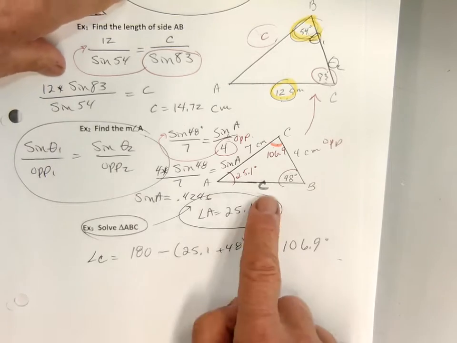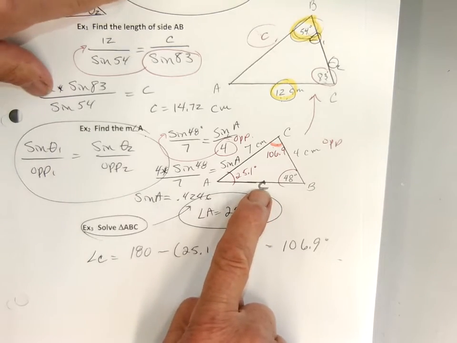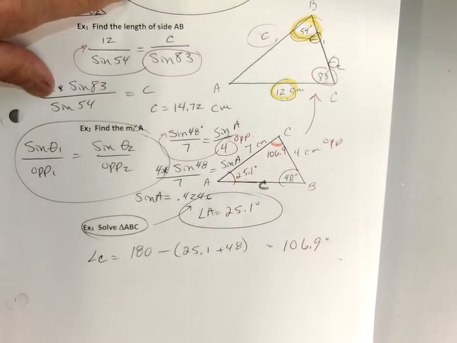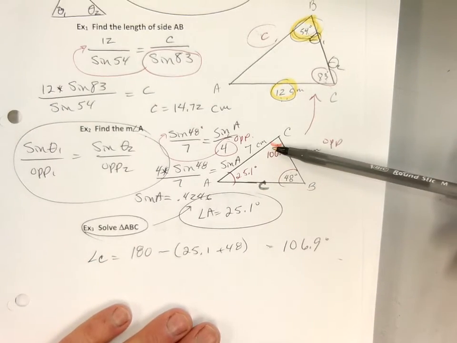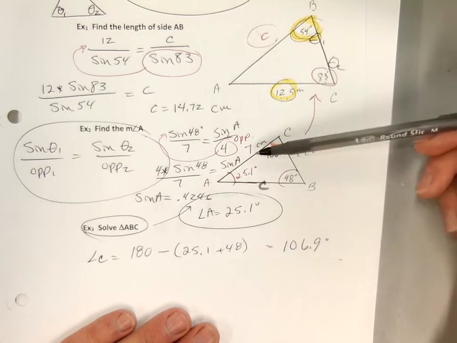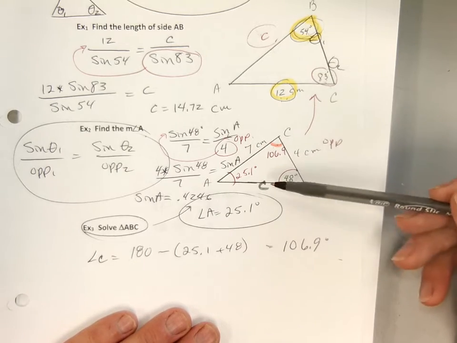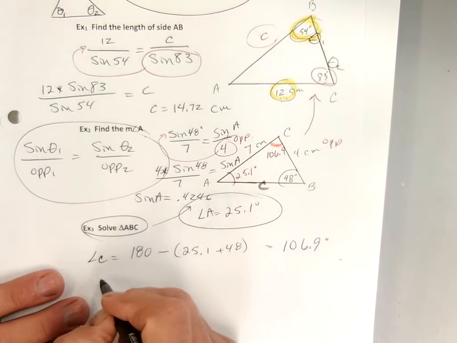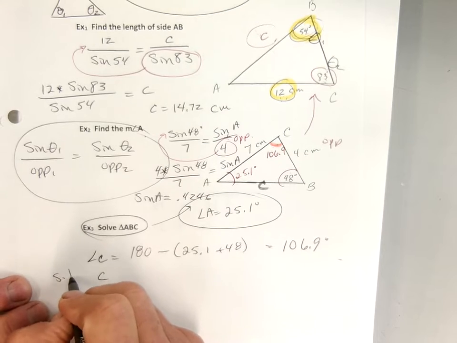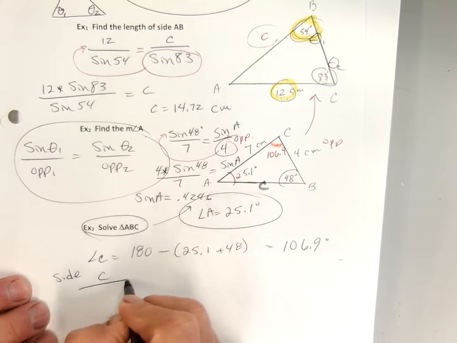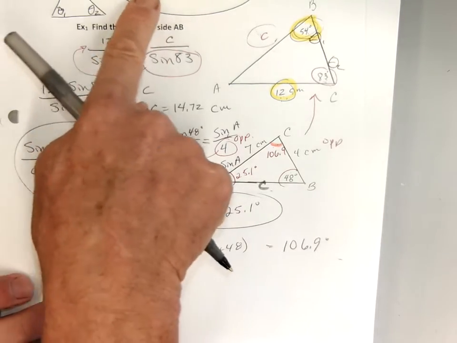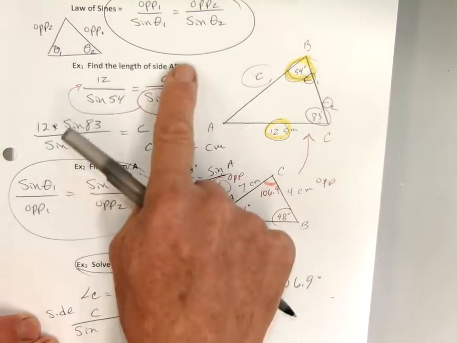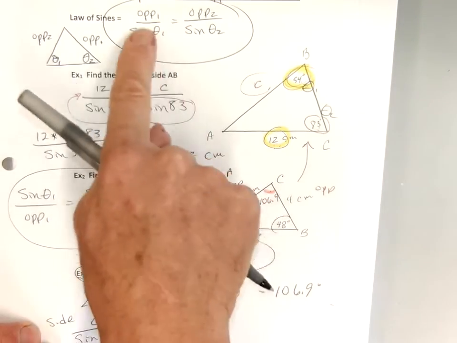Let's find little c. I like to write down what I don't know first. So I'm going to go side c over the sine of its angle.